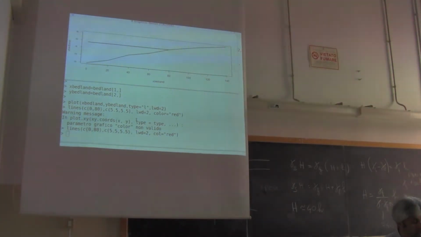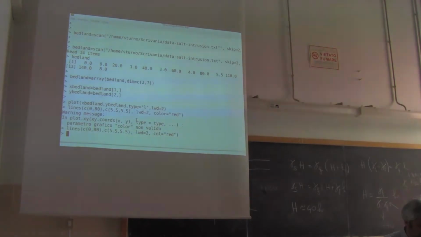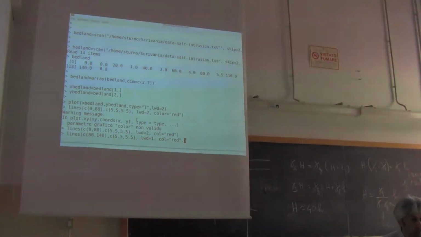So I think it is useful if we add another line here, which starts from 80 and goes up to the last abscissa, which is 140. Again red, I would use a line width of 1, and I would use a dashed line.